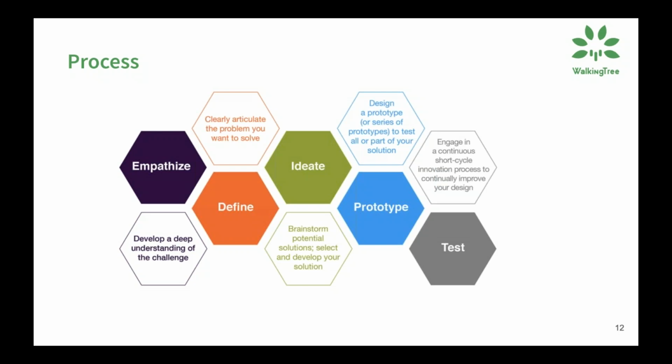Most organizations are successful in implementing this, and they've got great results. So what does it include? It includes empathy, the first step. As a designer, in the design process you come across empathy, where you develop a deep understanding of the challenges that you face from a customer or a user.